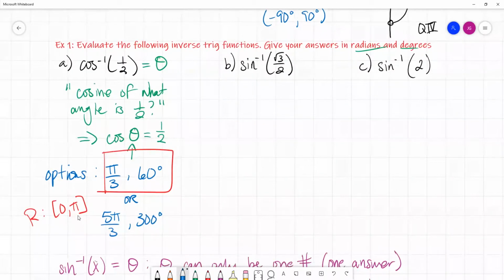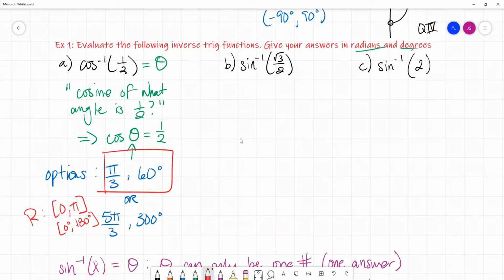So my range had to be between 0 and pi, or 0 degrees and 180 degrees. Now maybe it's easier to tell that 60 is between those two, not 300. So this one is our answer, pi over 3 or 60 degrees. So cosine inverse of 1/2 is equal to this right here.